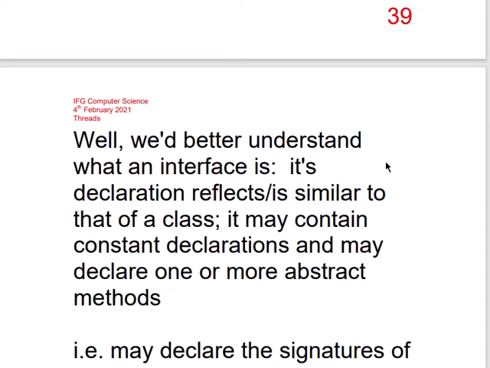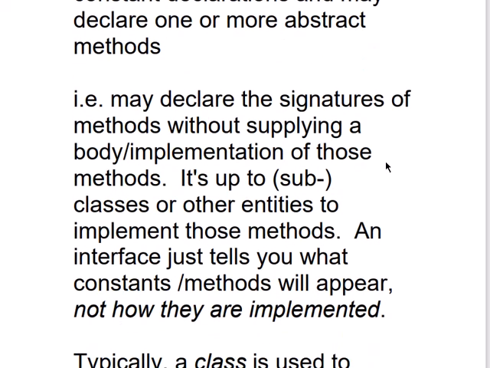In other words, it may declare, for example, the return values of methods, but without supplying a body or implementation of those methods. They just don't exist. You haven't got the curly brackets.